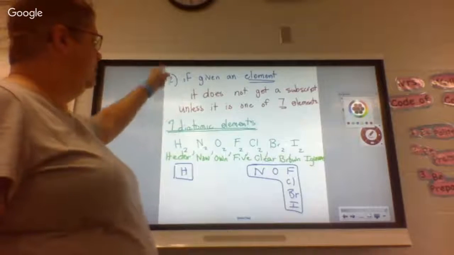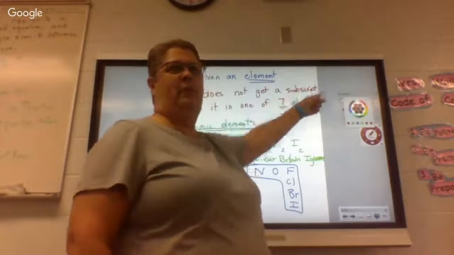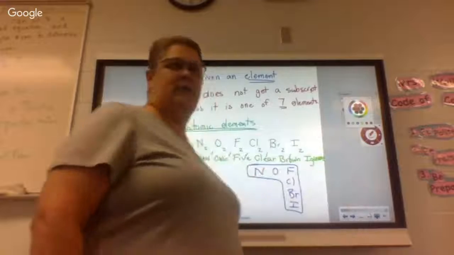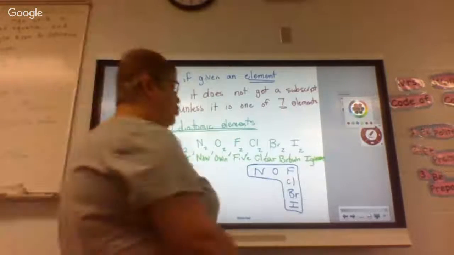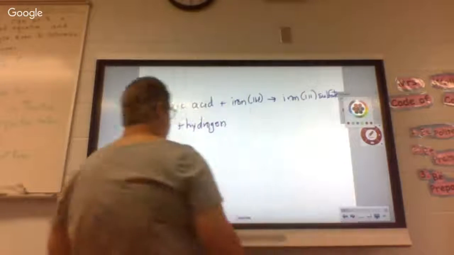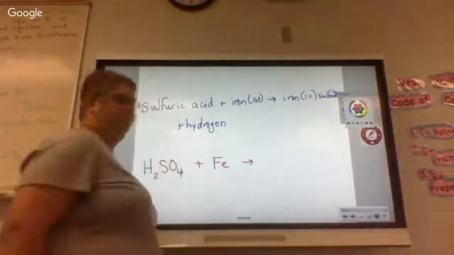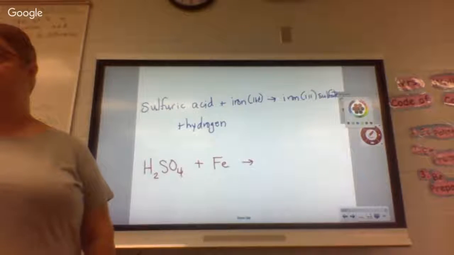An element does not get a subscript unless it's one of the 7 elements. Is iron one of those 7? No. So do we put a subscript on it? No. Plus iron, just like that. So you just put the 3 digits.